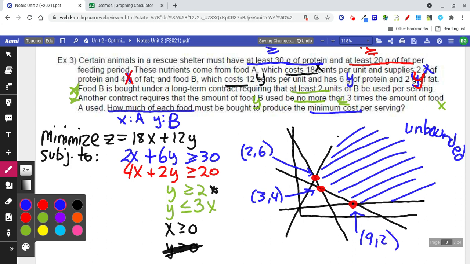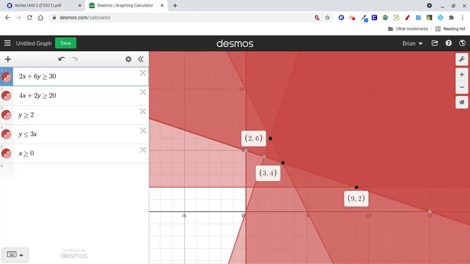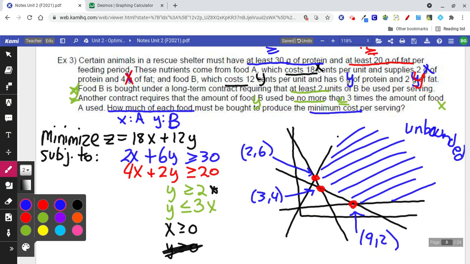Okay, so I've got a lot of information there. I didn't really do any tick marks. I don't really care about tick marks. All I really care about are those points. So be very careful when you're drawing this.